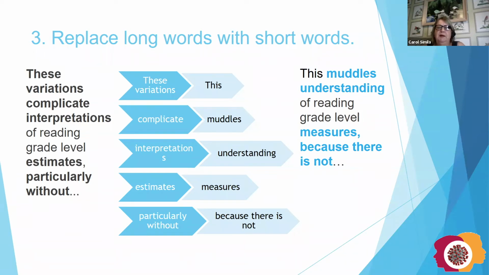So you go from that long sentence to this: muddles understanding of reading grade level measures because there is not. So do you see the process? I hope this is becoming clear that if you can deal with it word by word and come up with better words, and then take that new sentence you've created and maybe adjust it a little bit for meaning. Go, please.